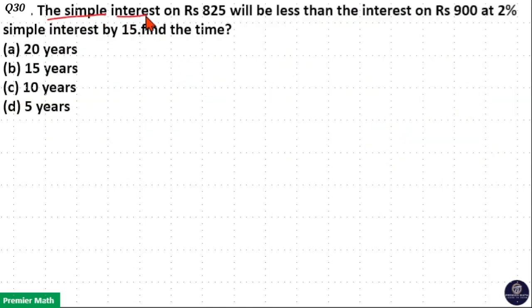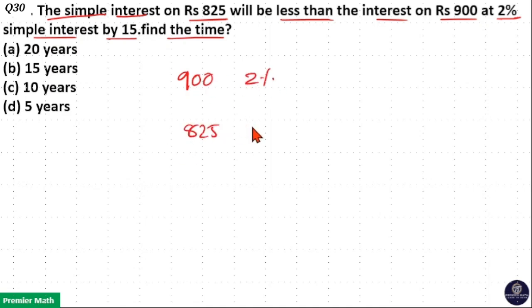The simple interest on rupees 825 will be less than the interest on rupees 900 at 2% simple interest by 15. Find the time. Here the difference in interest between principal 900 rupees at 2% and principal 825 rupees at 2% for the same years is 15 rupees.